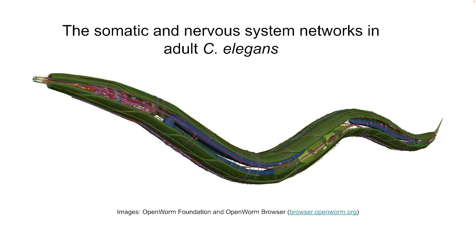So this is an example of an overlay in the adult of these two different intersecting networks. This is in C. elegans, this is the somatic and the nervous system network. So you can see that the somatic network, made up of a cuticle and of muscle, is overlaying this nervous system network.